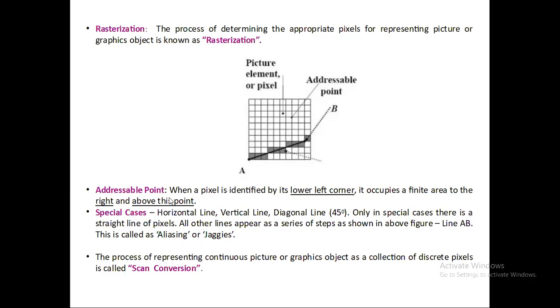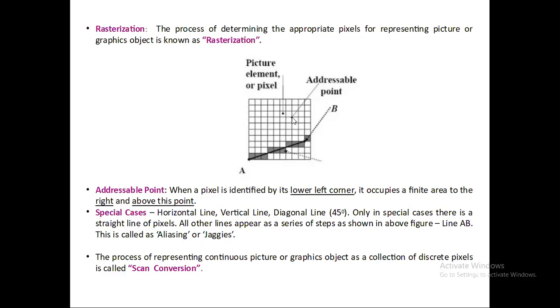When a pixel is, just pay attention to these underlined words, when a pixel is identified by its lower left corner. This is important. I'm saying that this particular square, you can note this mouse pointer, this particular square is a pixel, and this is its lower left corner.